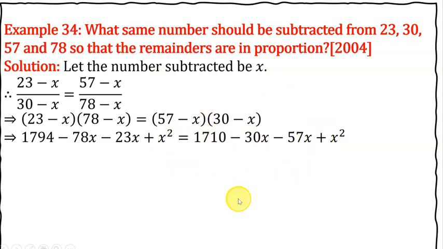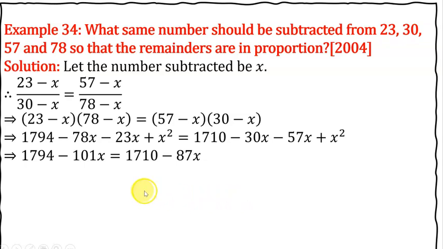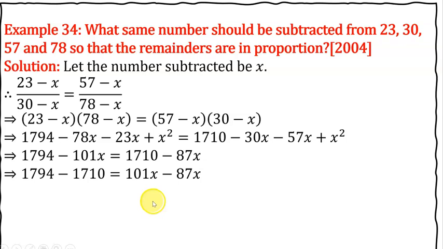From both sides, x square will get cancelled, and normal simplification is here. 1794 minus 1710, and that's equal to 101x minus 87x.